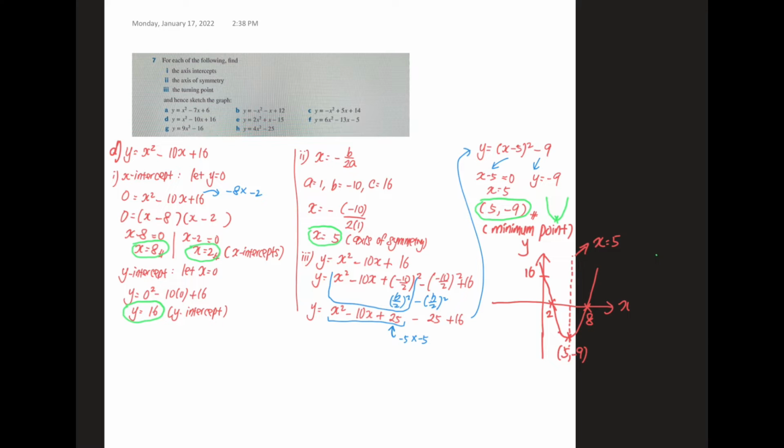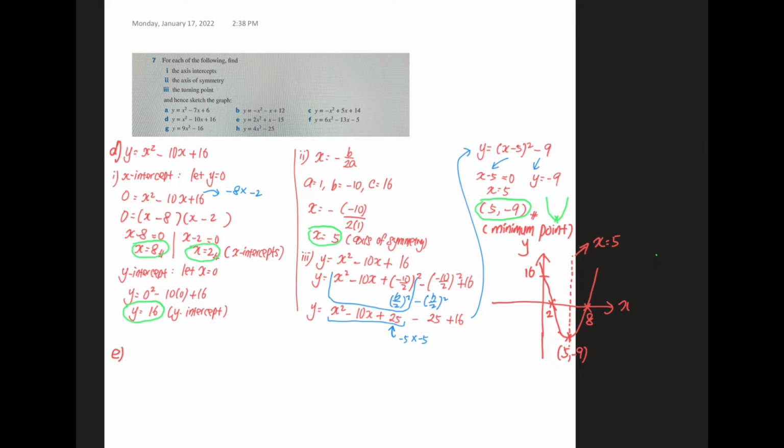I think after question 7, there are word questions. So either you want to skip E, F, G, H, or you want to finish E, F, G, H first before we continue with the word questions. It's up to you. It's okay, we'll just do this first. Okay, sure, then I continue with E first.